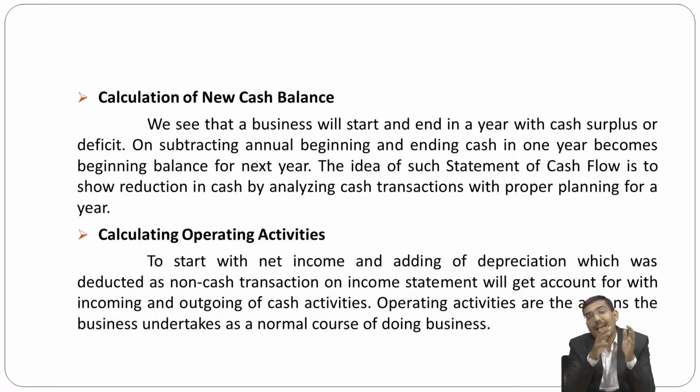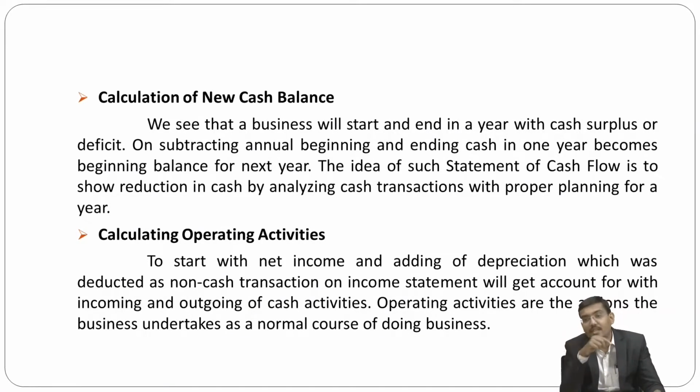Then after that, calculating the operating activities: start with the net income and add back the depreciation which was deducted as a non-cash transaction on an income statement, and we will get the account of incoming and outgoing cash activities.